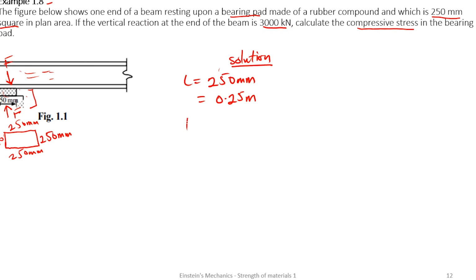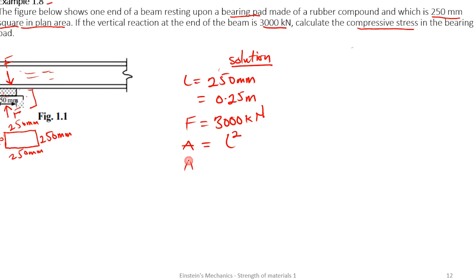So we have our force F to be 3,000 kilonewtons. We have to calculate for the compressive stress, but we know that stress is force over the area. So once we have our length, we can find the area for a square area. Remember, it's a square. So the area for a square is L squared.